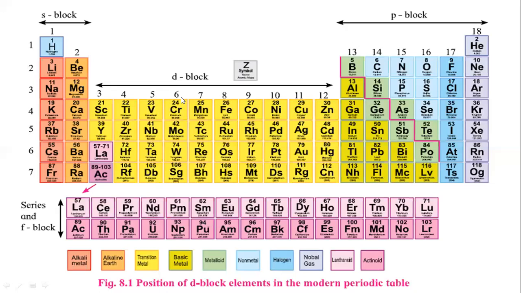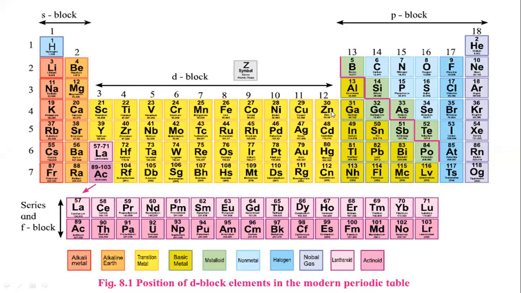So the observed electronic configuration is different than the expected. Observed electronic configuration is 3d5, it is also 3d5, then 3d6, 3d7, 3d8, 3d9. Actually, it should be 3d9, but it is 3d10. It acquires extra stability. It gains one electron from 4s, so it becomes 4s1, 3d10.